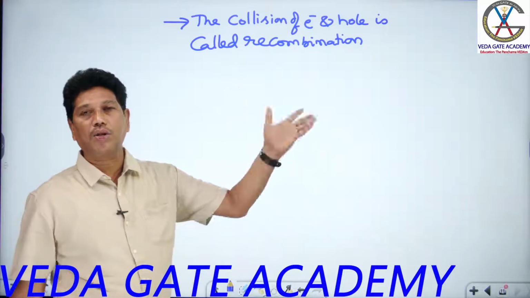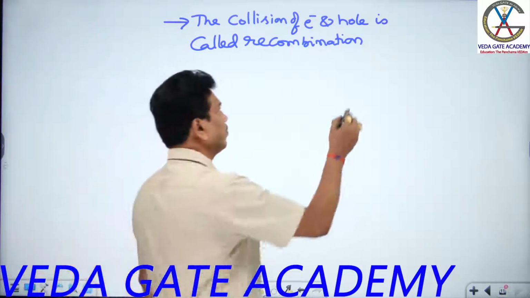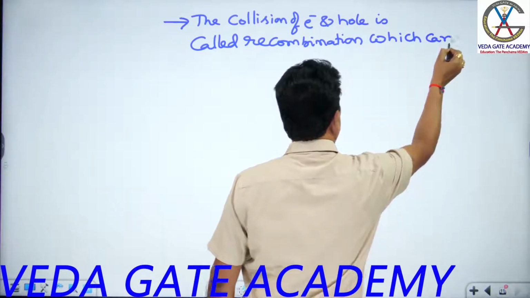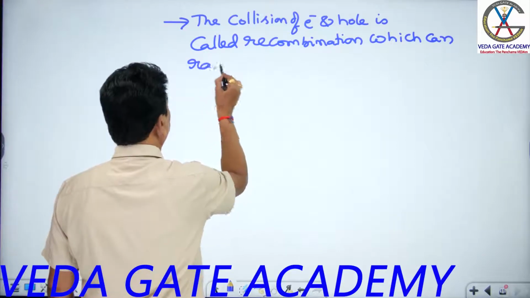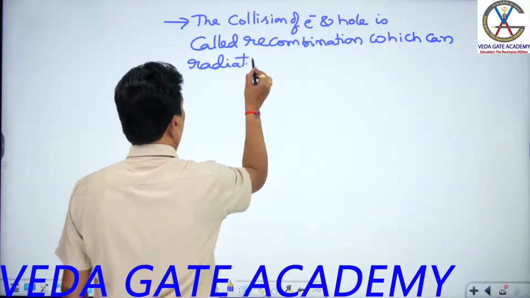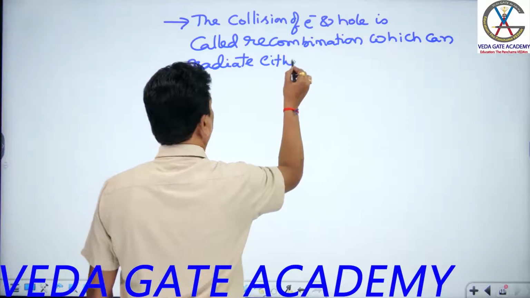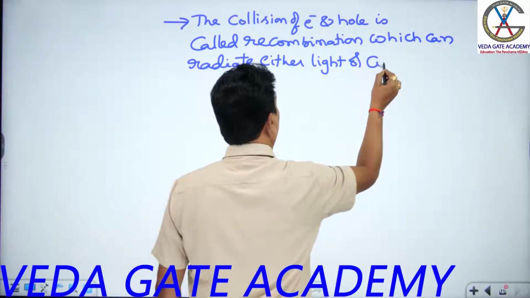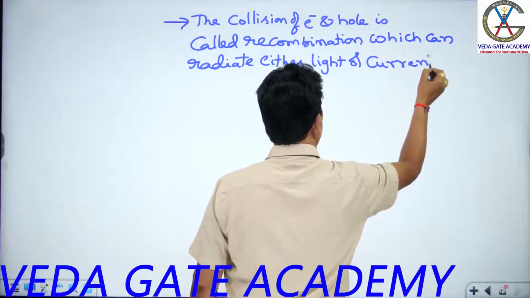So the recombination of electrons and holes can radiate either light or current conductivity, students.